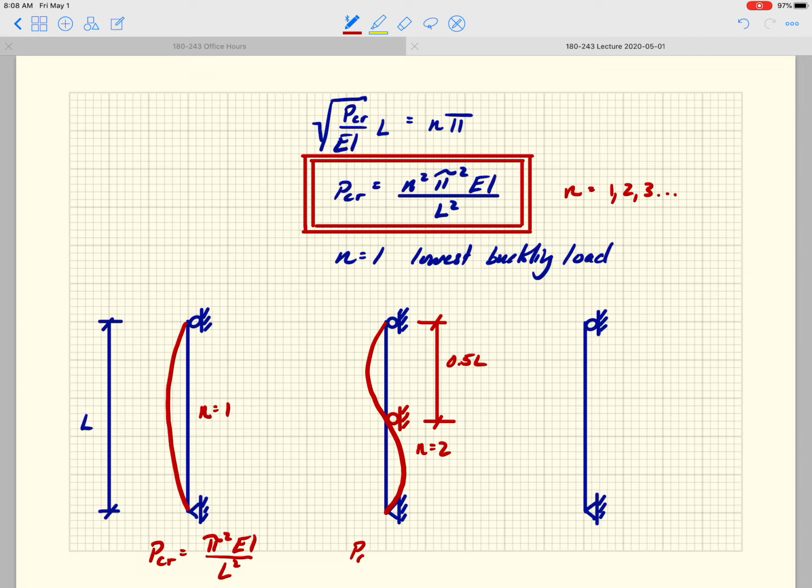I can say P critical equals, this is the second buckling mode, so n is 2. If I plug in n equals 2, I get something like this over L squared. Let me just rewrite this one here as well so it's a little bit neater.